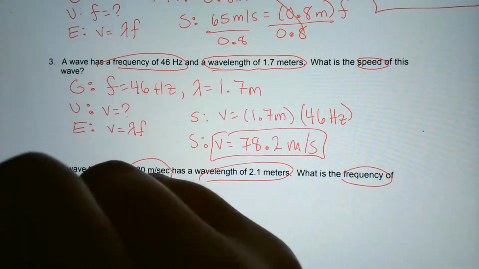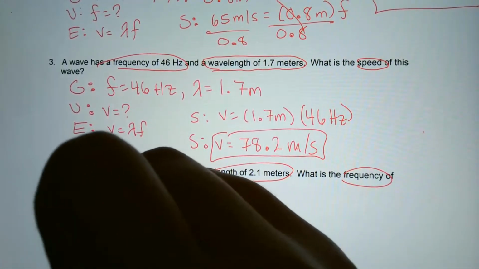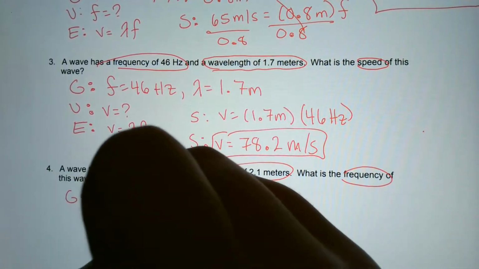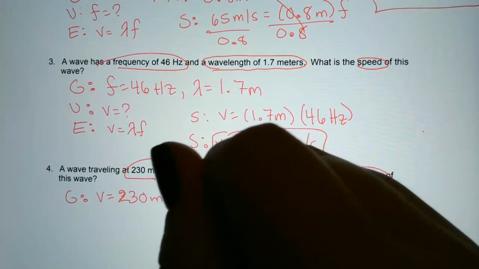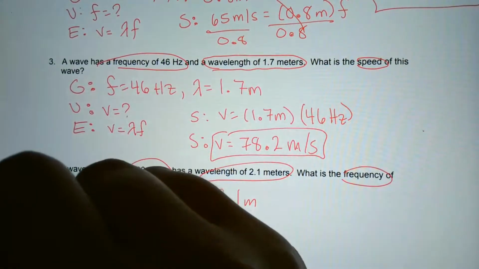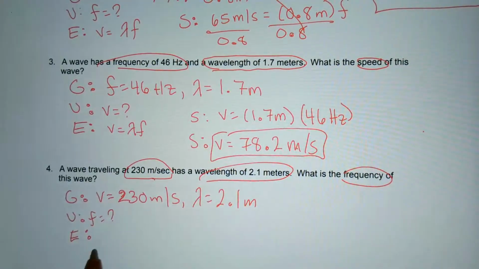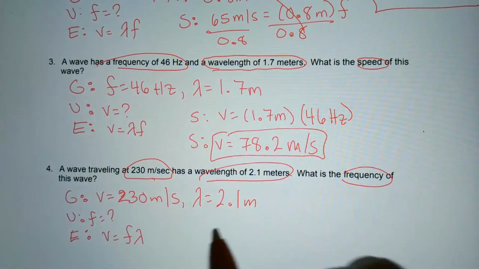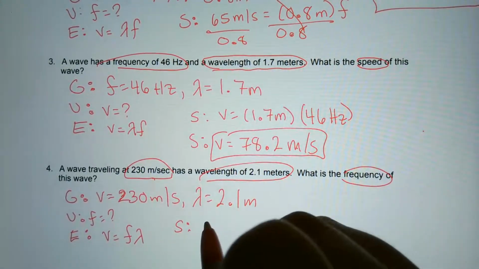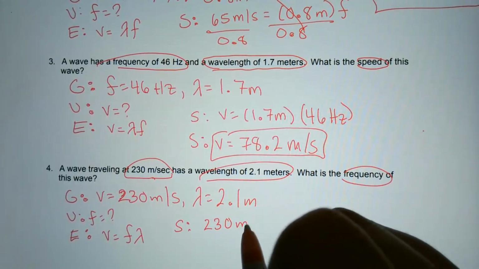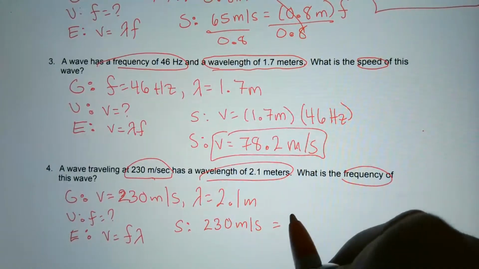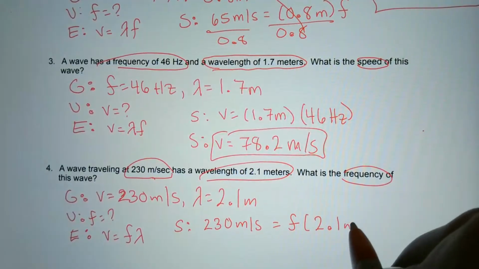Okay. A wave traveling at 230 meters per second has a wavelength of 2.1 meters. What is the frequency? So again, the wave speed is 230 meters per second. The wavelength is 2.1 meters. The unknown is the frequency. So the only equation that you can use to help you solve is v equals f times lambda. So the substitution goes as follows. 230 meters per second equals the frequency times 2.1 meters.